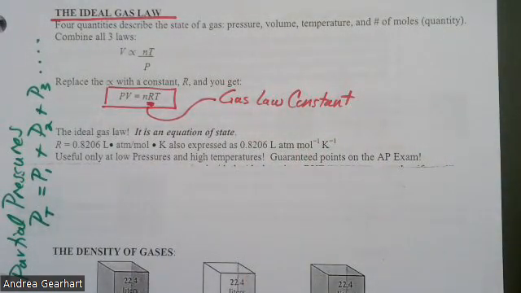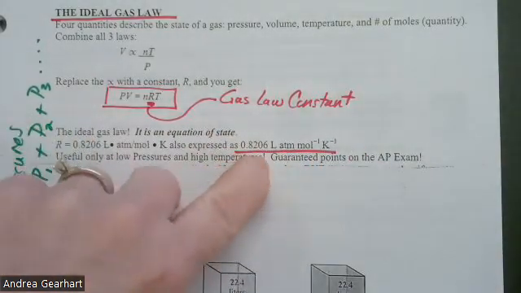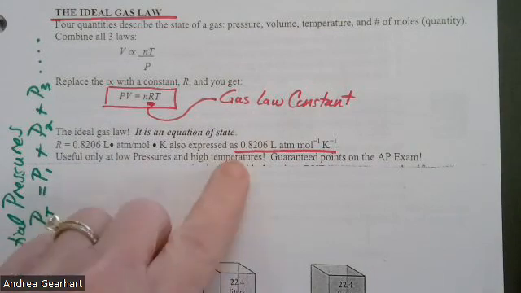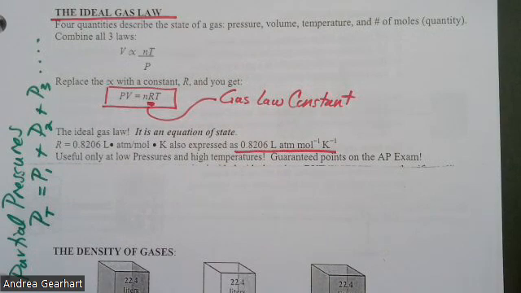Now, when we are employing R with gases, we use the value of 0.08206. You don't have to memorize this. I will always give it. But there is another value of R that every other chapter will employ, so only with gases.